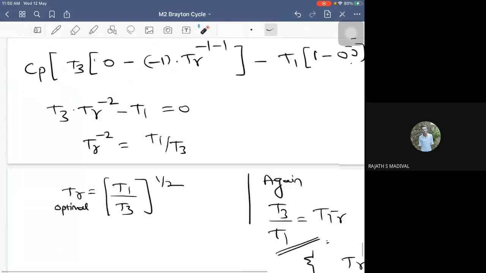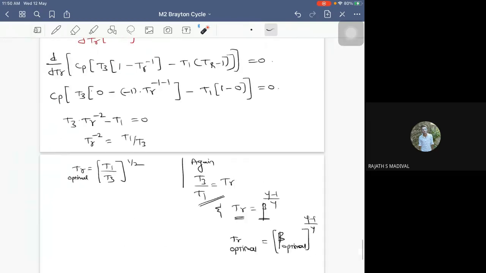So now TR optimal, can I write it as beta optimal to the power of gamma minus 1 by gamma? Can I replace this? Yes, sir. So now I will be replacing it by beta optimal whole to the power of gamma minus 1 by gamma, that is equal to, this is T3 by T1, or T1 by T3.